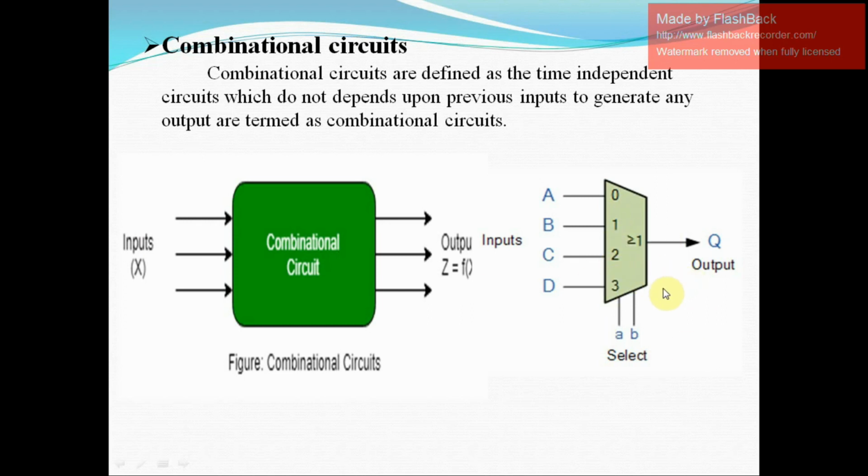This is a multiplexer circuit in which there are 4 inputs and 1 output. We have already seen the working of multiplexers. The output depends totally on the status of the select lines.